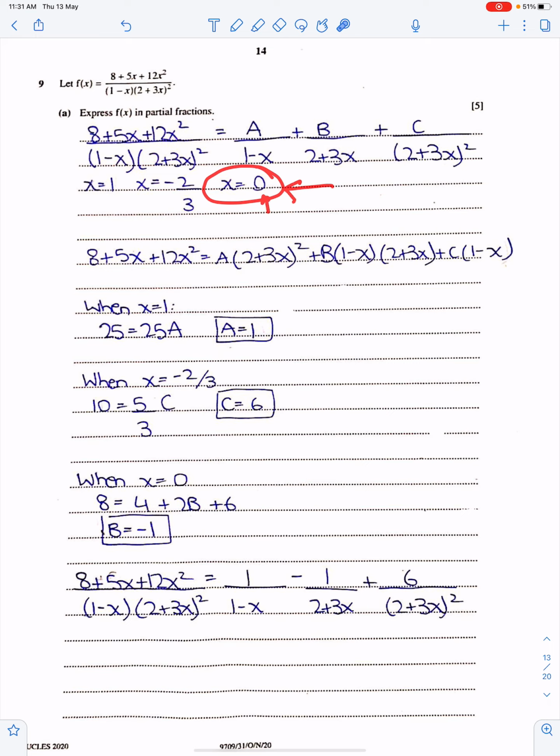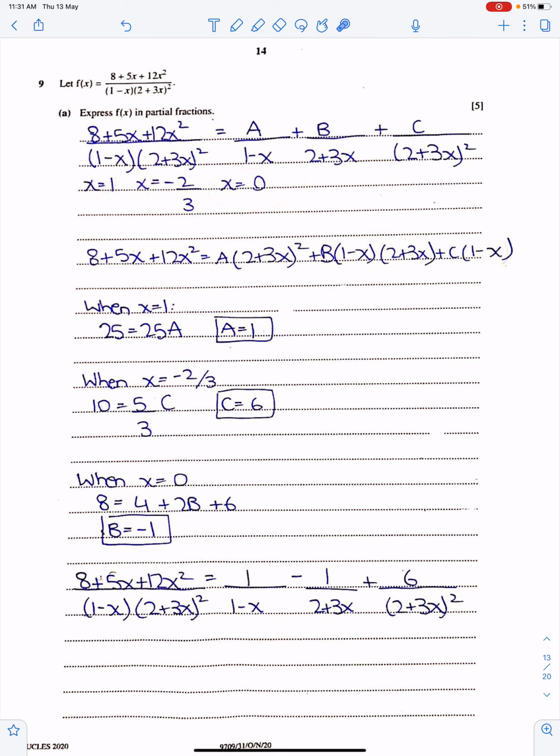So x is 0 is the simplest value. But always substitute this value at the end, because you suppose this value yourself and you got the other two values from the two factors. So always substitute those values first and then this value at the end.